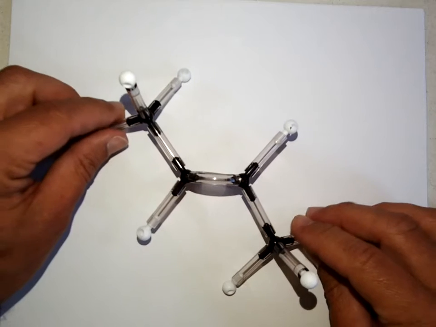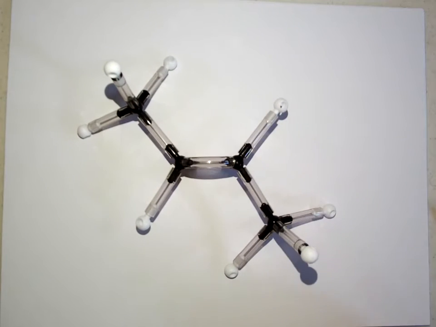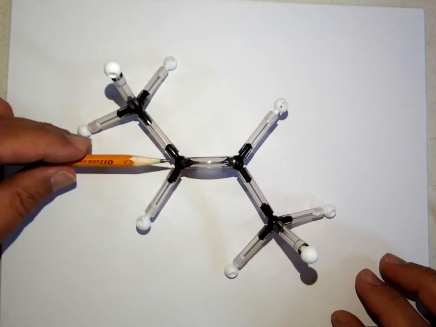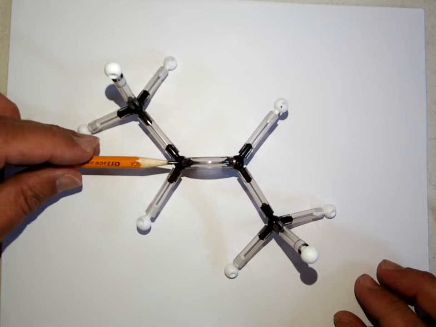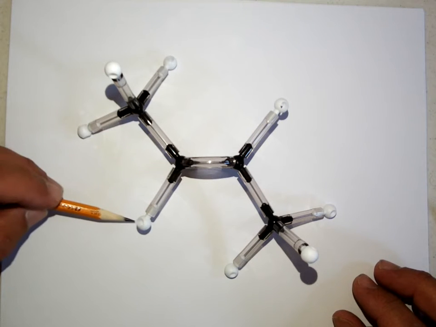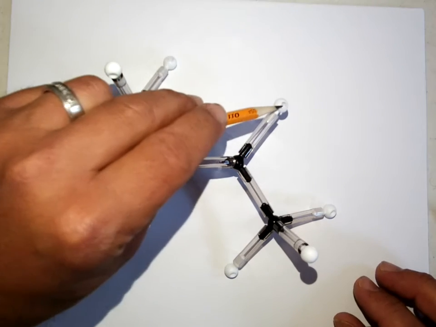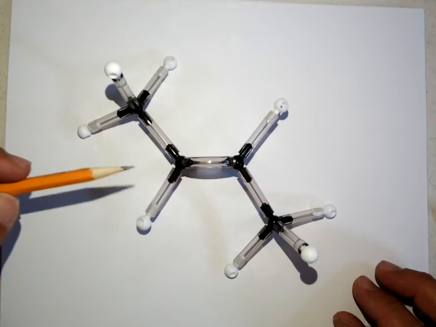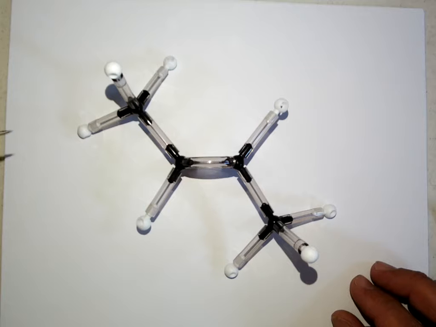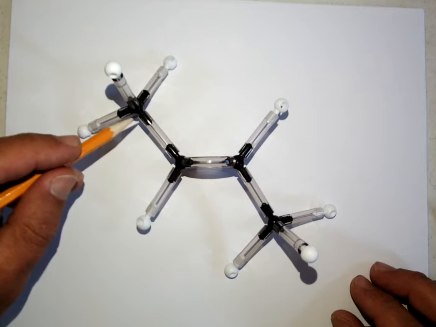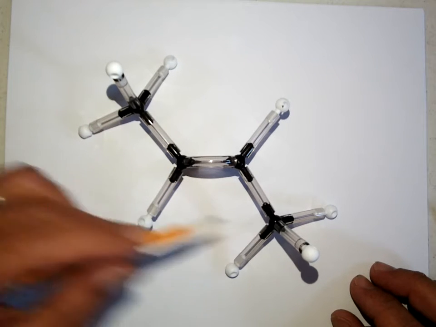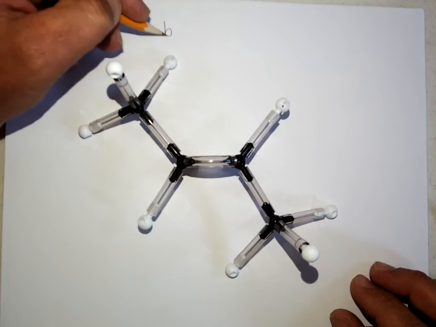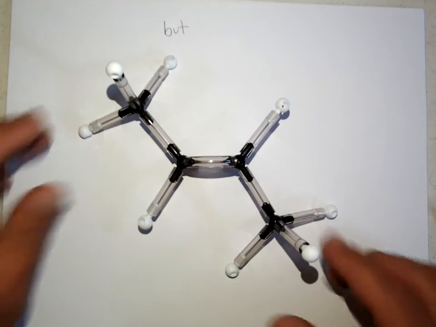So the language is pretty straightforward. Relative to the axis of the double bond, two hydrogens are either going to be across from each other or next to each other. So this is a butene, 1, 2, 3, 4 carbons, means the but- root.